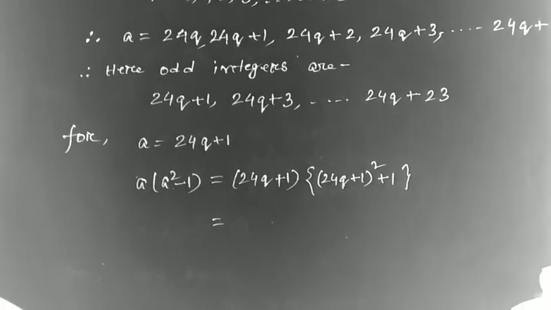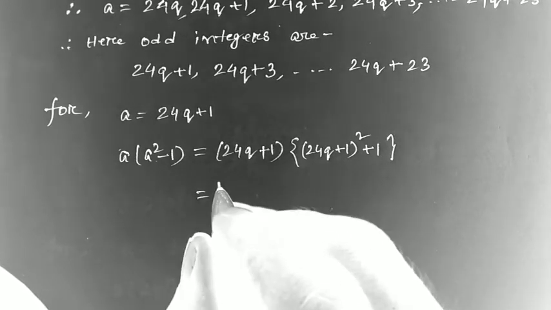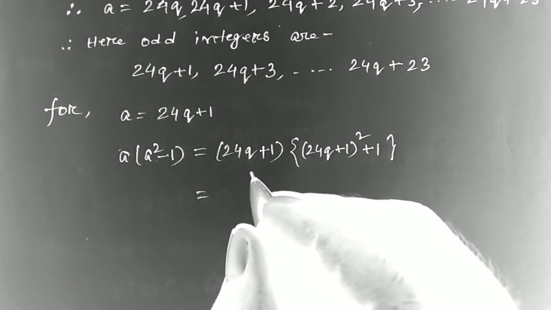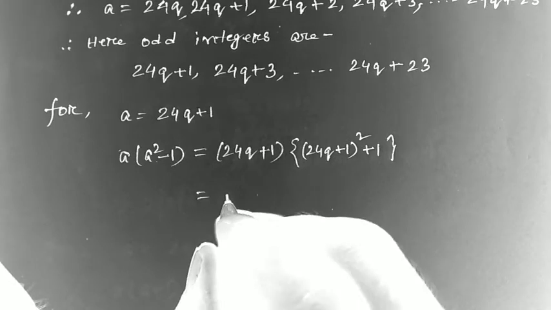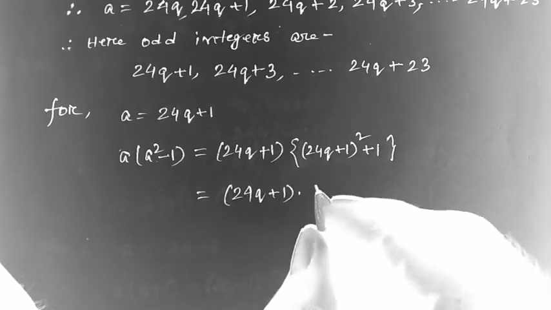So let's see, we need a 24 here. 24 into something. If we can show it is a multiple of 24, then we can say that 24 divides this term. So 24q plus 1 remains the same.